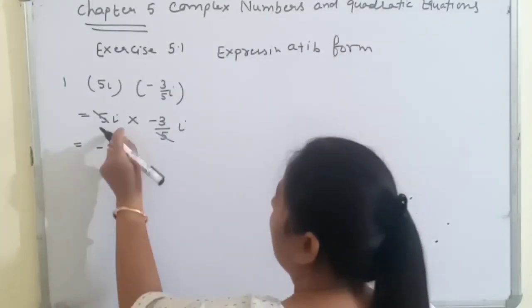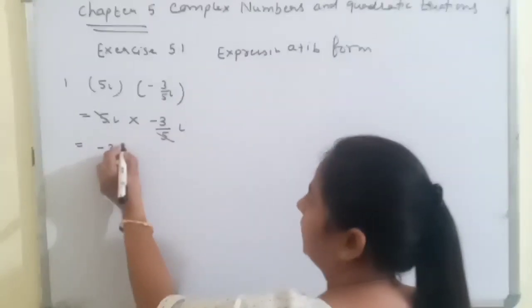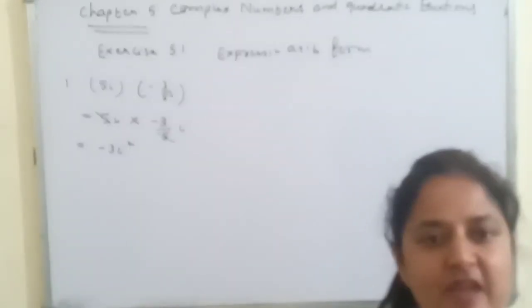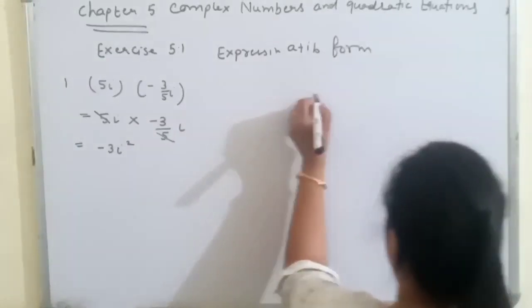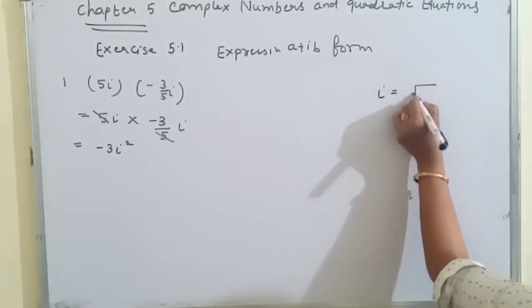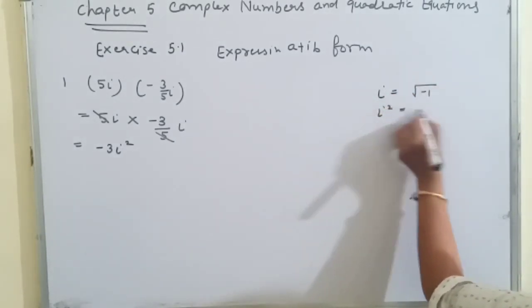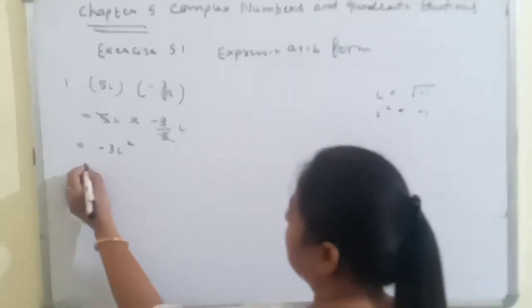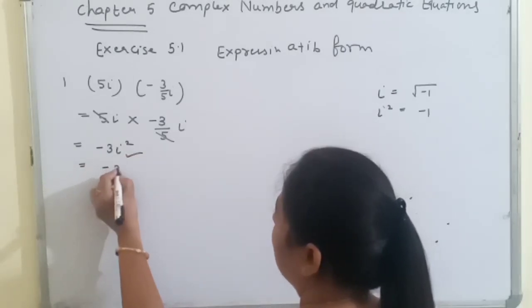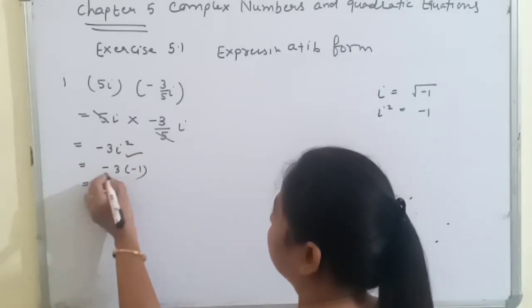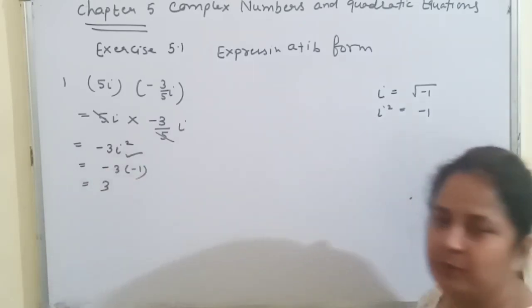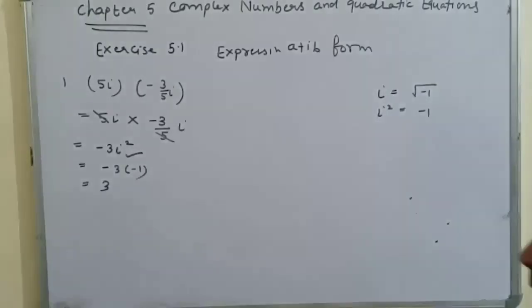Minus 3, 1 iota, 1 iota. It is iota square. So what is the value of iota square? Because iota is root minus 1 and iota square is minus 1. So we can write minus 1 in place of iota square. So what will we get? Minus minus plus. So the result is plus 3.